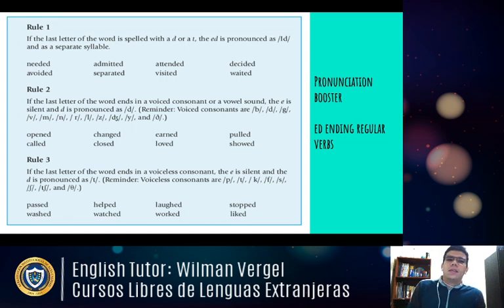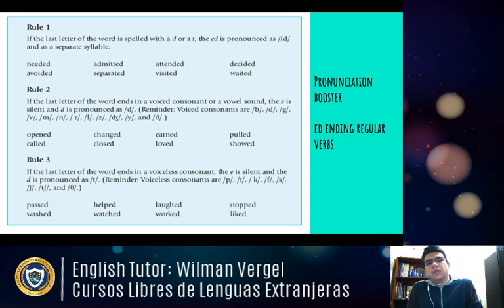Okay, so rule 1: if the last letter of the word, in this case the verb, is spelled with a d or a t, the ed is pronounced as id and as a separate syllable. So, when a word ends in d or t, then we have to pronounce id, the past participle, or the ending.